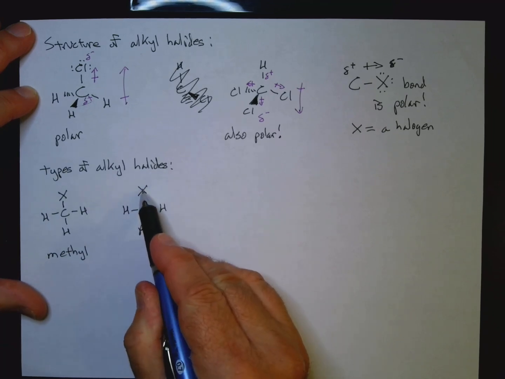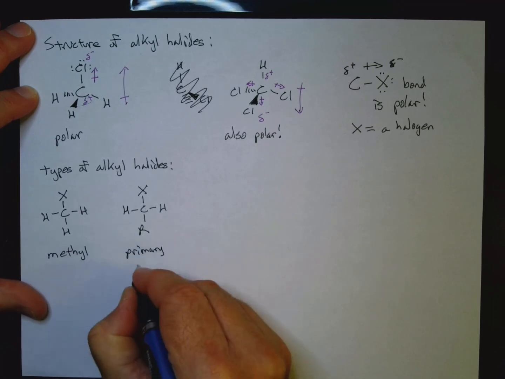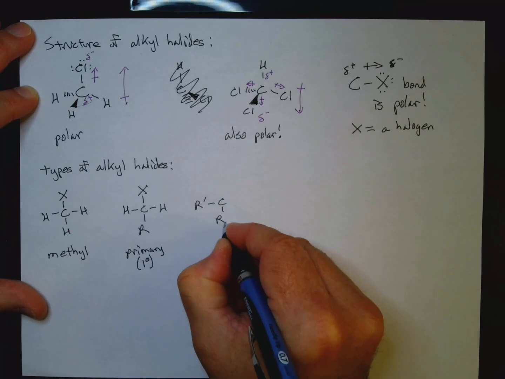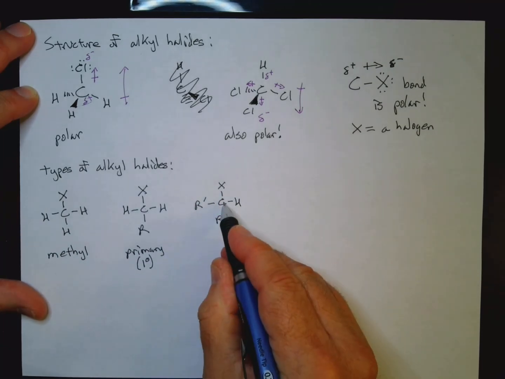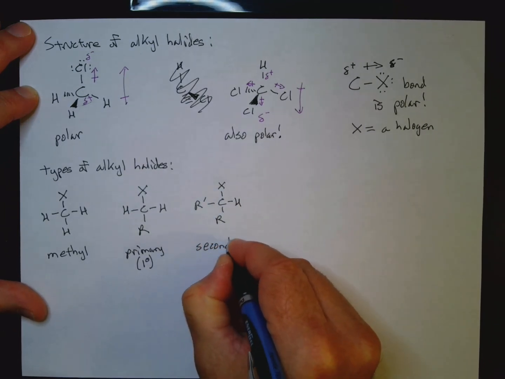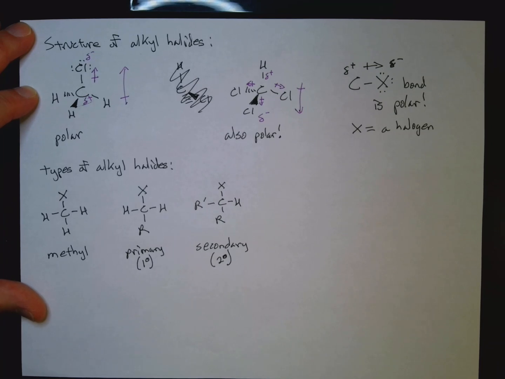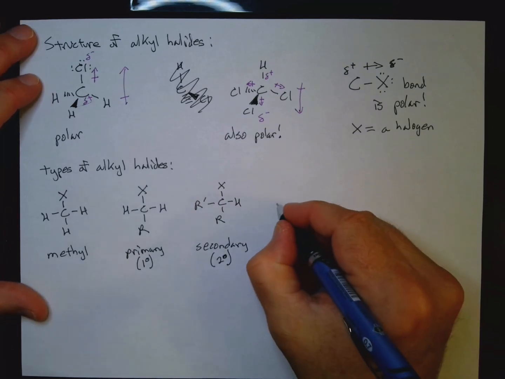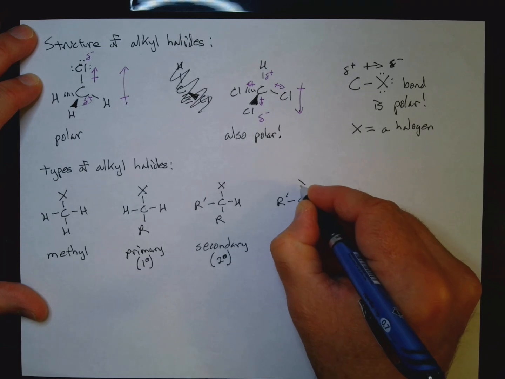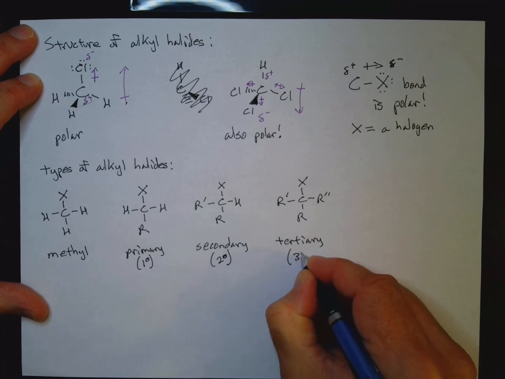If the carbon that the halogen is attached to has one alkyl chain, that's primary. We abbreviate that with 1 and a degree sign. If we have two alkyl groups attached to the carbon that the halogen is attached to, that's secondary. So it's like naming carbocations. And if we have three alkyl groups, that's tertiary, which is 3 with a degree sign.